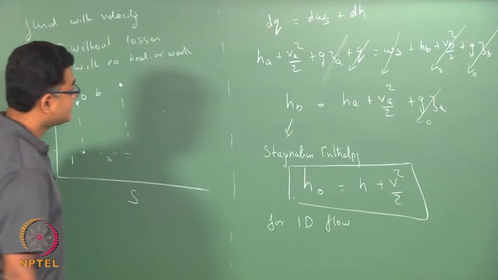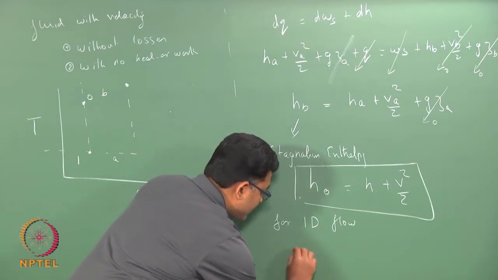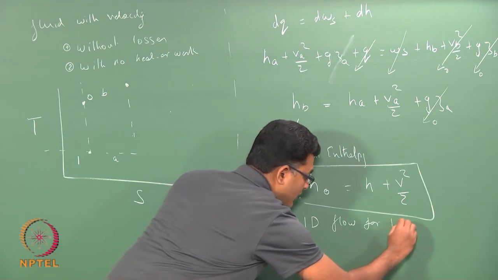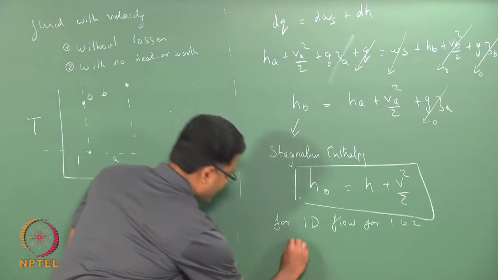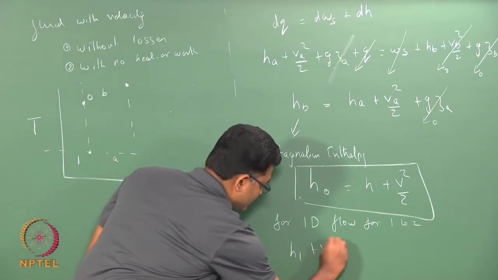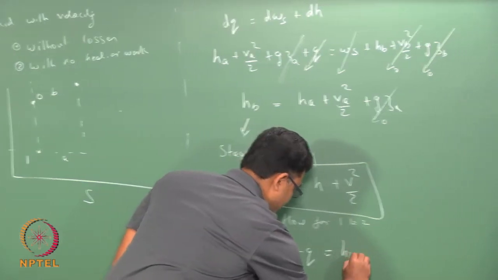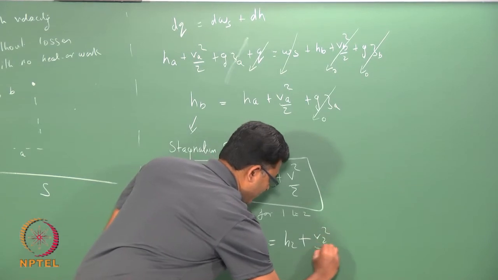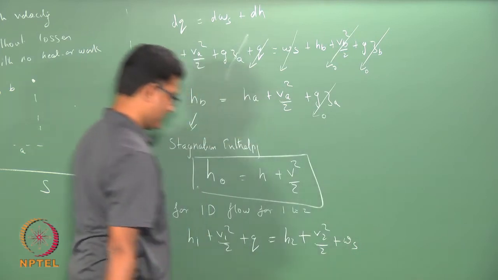If that is the case, I can rewrite my original equation, for example for 1D flow. In the previous lectures we have seen, for the process 1 to 2, I have written h1 plus v1 square by 2 plus q equals h2 plus v2 square by 2 plus ws.